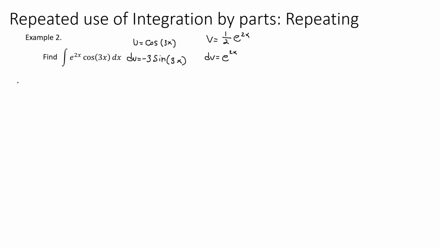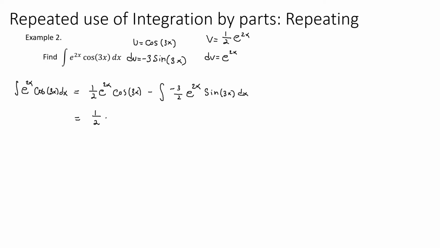So let's see. Integral of e to the 2x times cosine of 3x will equal 1/2 e to the 2x times cosine of 3x minus negative 3 over 2 e to the 2x times sine of 3x dx.